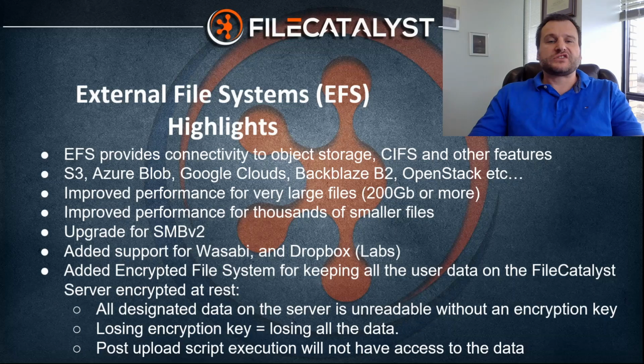If you just browse this file system with your local Windows Explorer, you'll see file names will make sense, extensions will make sense, but when you double click on any file, none of them will work. They'll all be corrupt because you'll need that encryption key to decrypt these files. So again, if you need to do encryption at rest, don't lose that encryption key. If you lose it, you lose all your data, and we cannot help you.